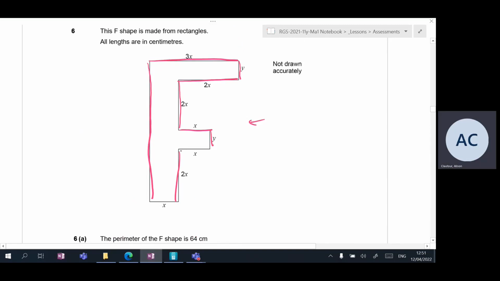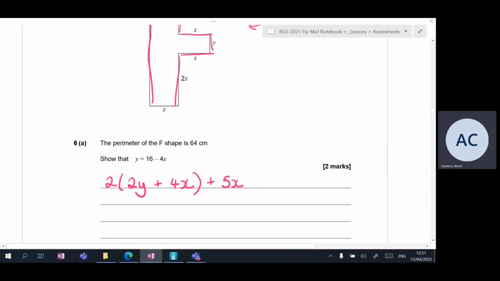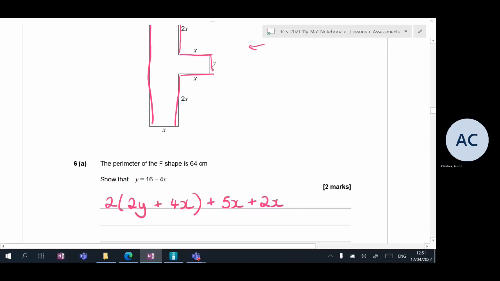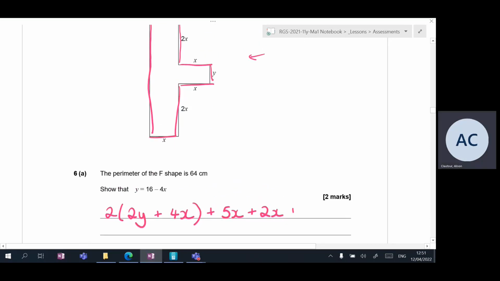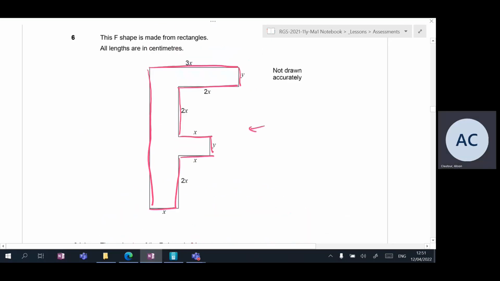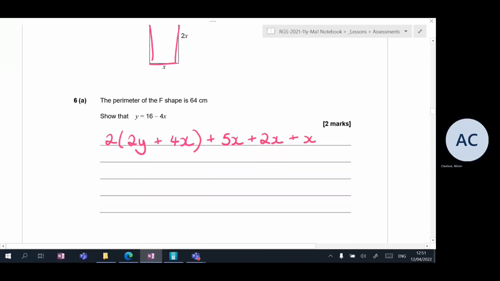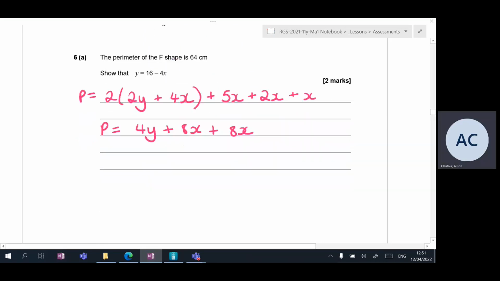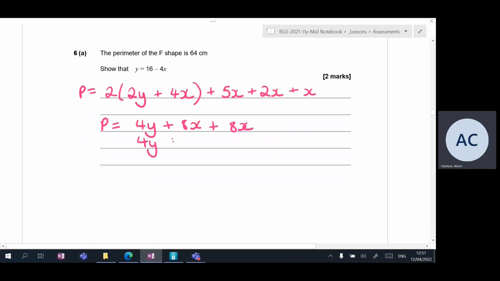We've got an x and another x gives me 2x. And another x down here. And then we've got everything, haven't we? So my perimeter is 4y, add 8x, add another 8x, so 4y, add 16x.